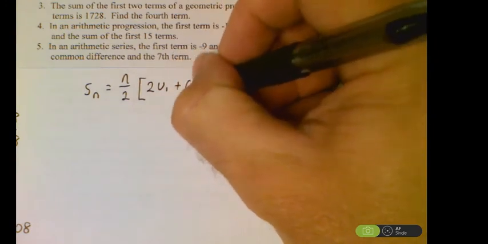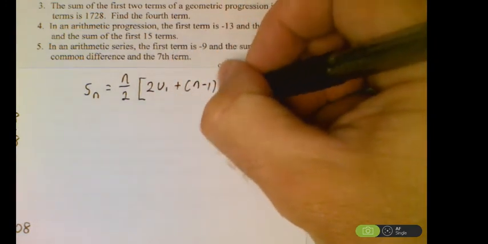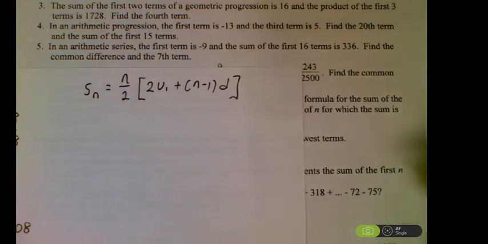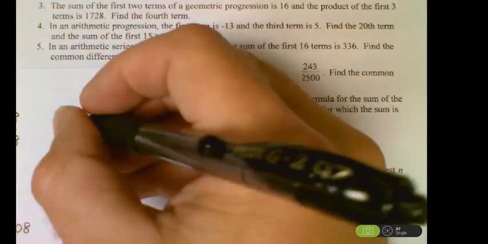So arithmetic series, remember, just figure out the formula first. We've already looked at that one a little earlier on, so let me just throw that one out here again really quick. So 2 times the first term plus n minus 1 d. So let's just start plugging in a few things. We know the sum is 336.